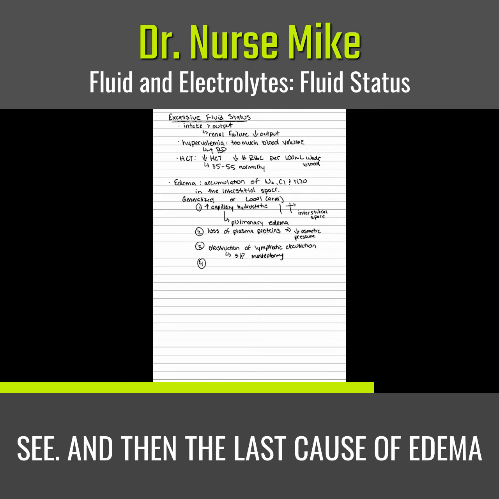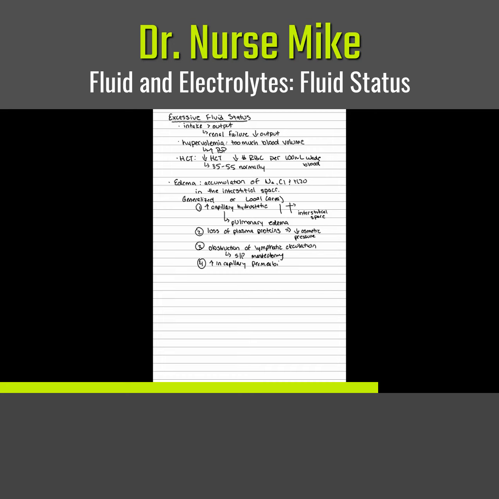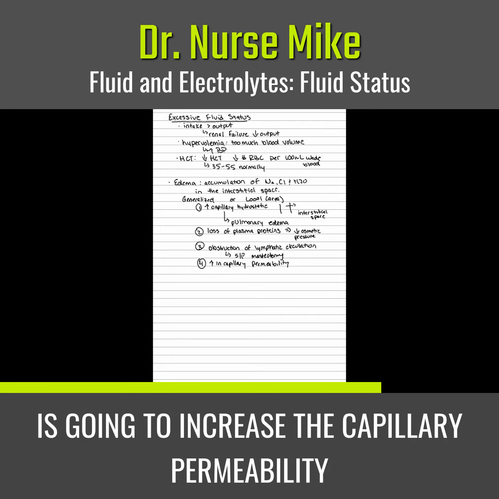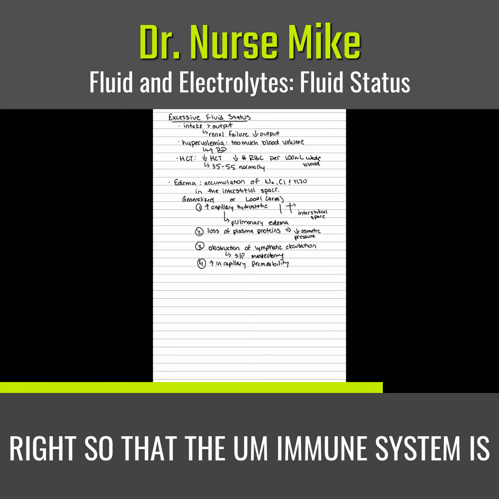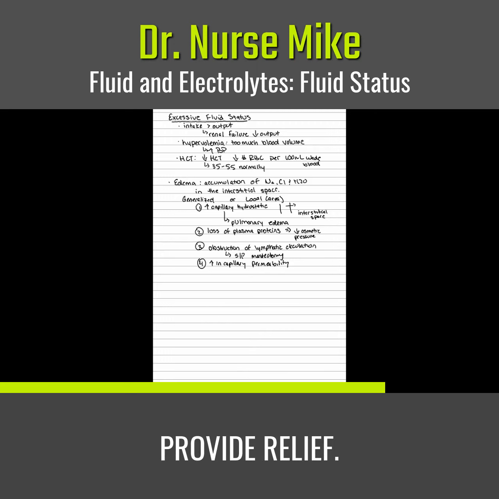And then the last cause of edema is an increase in capillary permeability. Typically, any inflammatory response is going to increase capillary permeability, so that the immune system is able to get to the area of damage and provide relief.